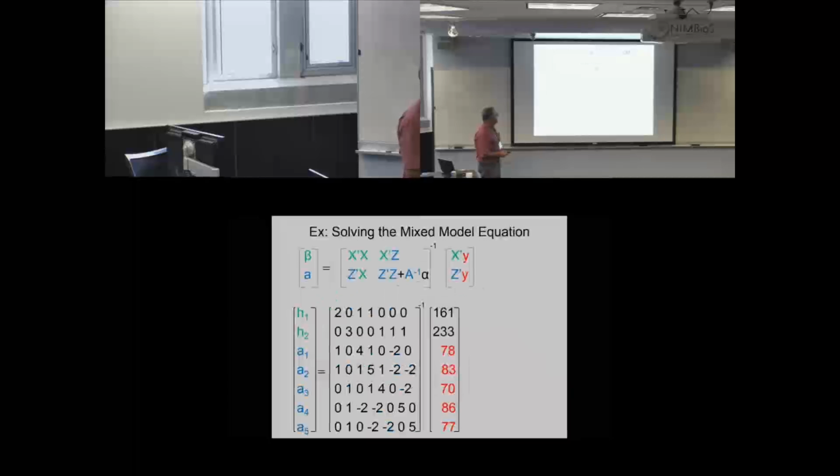Okay, so if we go back to our toy example, here is the equation we want to solve. So now here, this is what the vector of unknowns looks like. Here's the regression coefficient for herd 1, the regression coefficient for herd 2, and the additive effects for individuals 1 through 5. If you do this operation here but don't invert it yet, this is what your matrix looks like. And then that's going to have to be inverted.